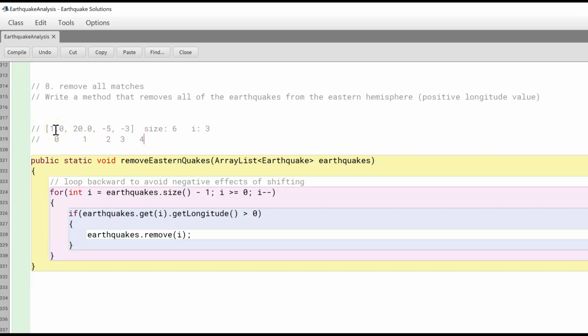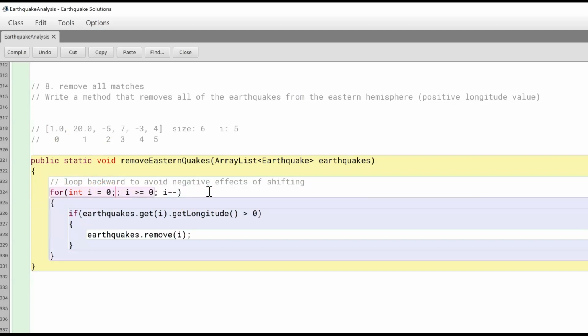So let me undo that, and let me show you what happens when we loop forward. If we loop forward, if I have i equals 0, and I go while i is less than earthquakes.size, and I work my way forward, here's what happens.